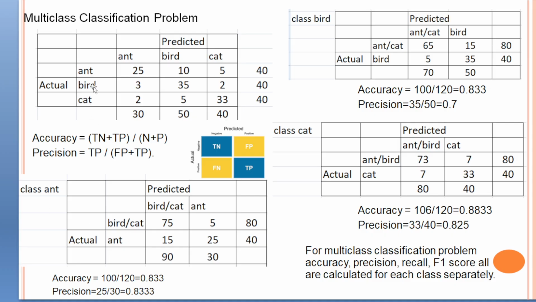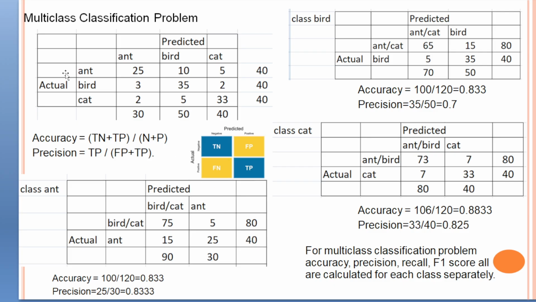So bird and cat, these two come under the category of negative and ant comes in the category of positive. So here we can see that the number of records for negative class, meaning if it is a bird or cat, is 40 and 40, 80. So I've written 80 over here. And the number of records for positive class is 40. So that is written over here.